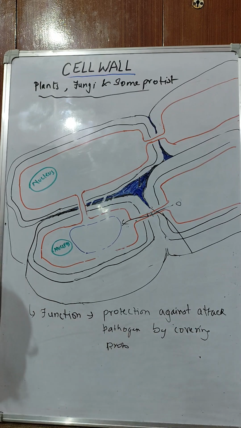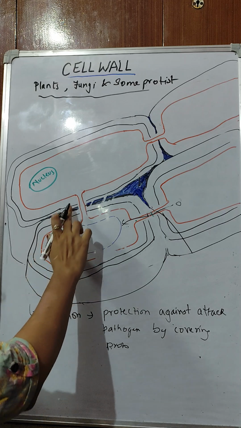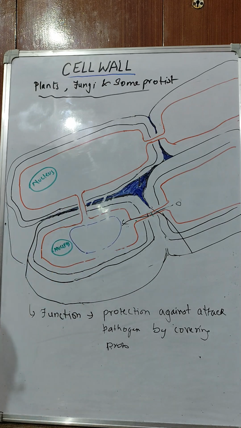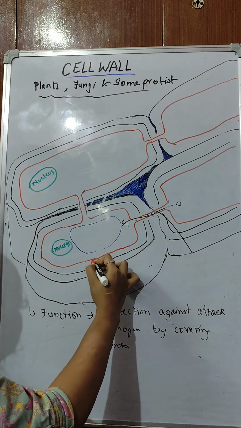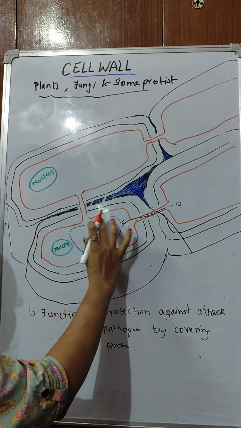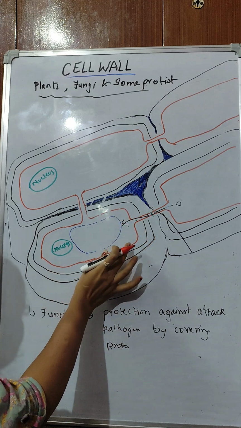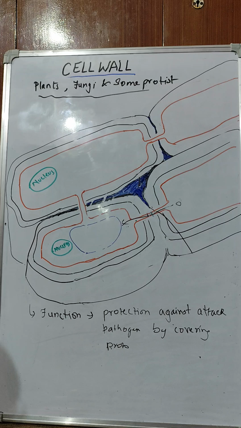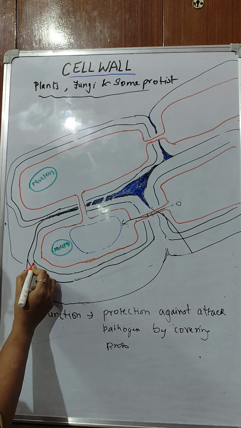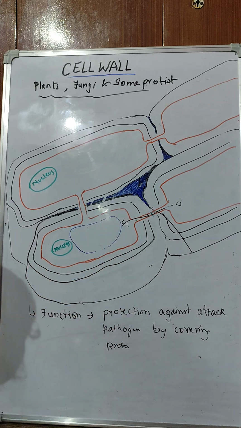Okay, see here, this red color lining I have shown here, this is your plasma membrane. Inside it is protoplasm, and outside the plasma membrane is the wall, which is your cell wall.